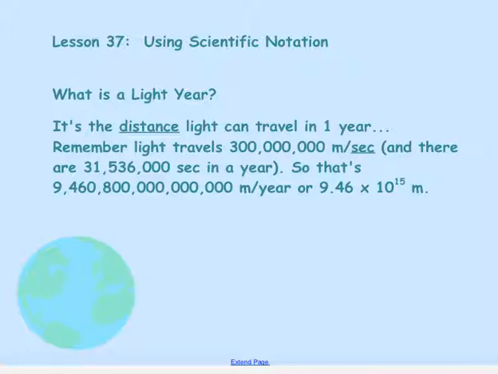So that's 9 quadrillion, 460 trillion, 800 billion meters per year, or 9.46 times 10 to the 15th meters. Okay, pretty crazy.